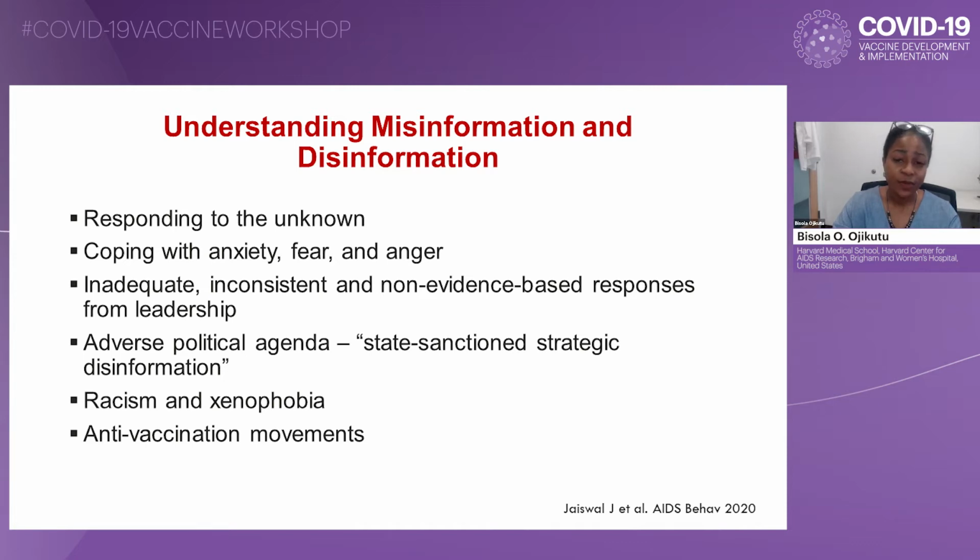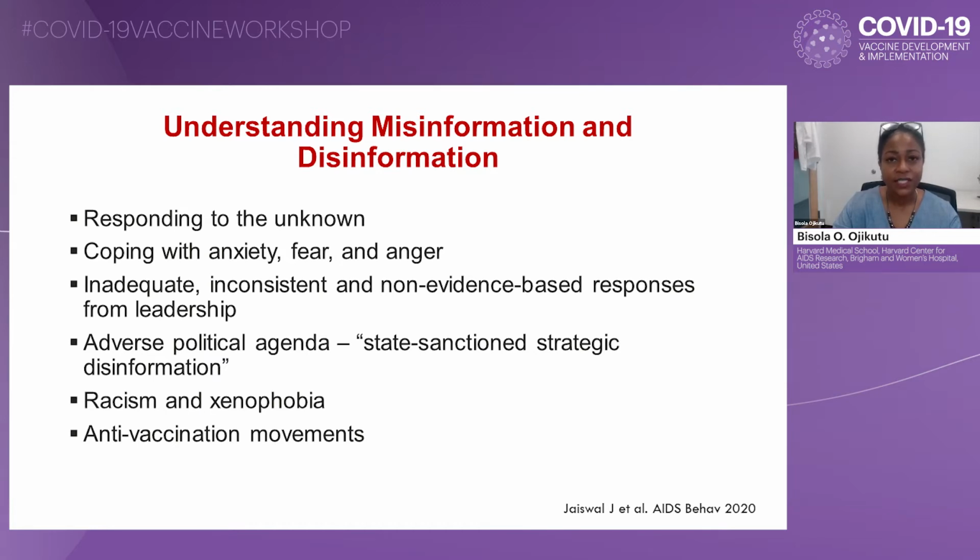The spread of misinformation and disinformation occurs more frequently when there's inadequate, inconsistent, or non-evidence-based responses from leadership in the setting of crisis, and can be very powerful as a component of an adverse political agenda. Racism and xenophobia may also lead to disinformation, as we have noted during the pandemic, unfortunately, for example, in regards to the origins of SARS-CoV-2.